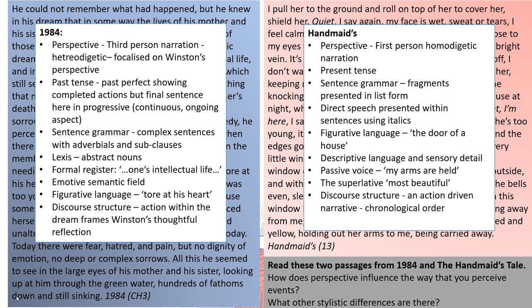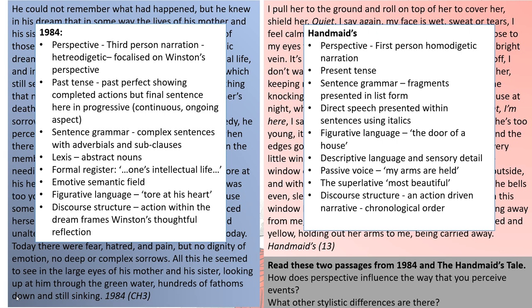The sentence grammar in 1984 is predominantly complex sentences with a lot of subclauses and adverbial clauses. There are also a lot of abstract nouns in the 1984 extract, a lot of abstract nouns related to emotion, and that, I think we could suggest, creates a sort of emotive semantic field as well.